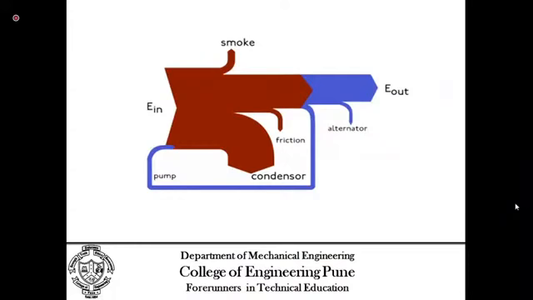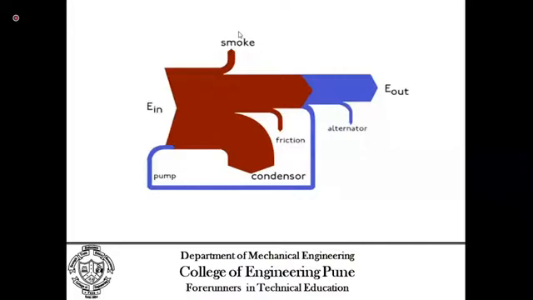This shows that of the energy input, hardly 30% is converted into a useful output. But in other forms, there is a loss. There is a friction loss. There is some loss going to the feed water. There are some losses taking place in the alternator. And a major component, again, is the smoke, which is hot and which is released to the atmosphere.